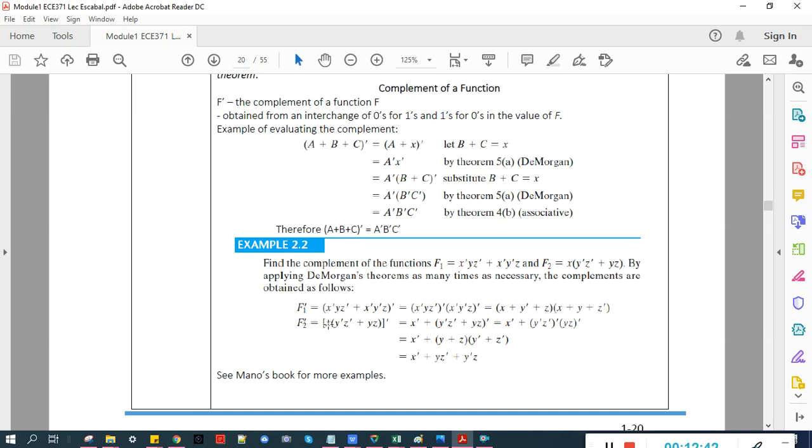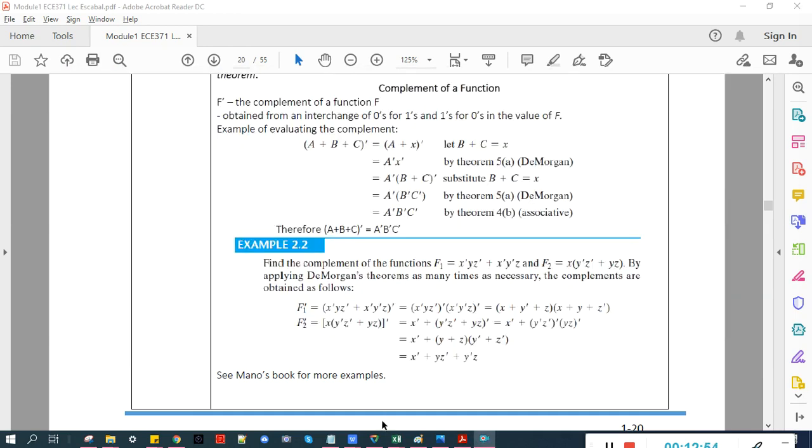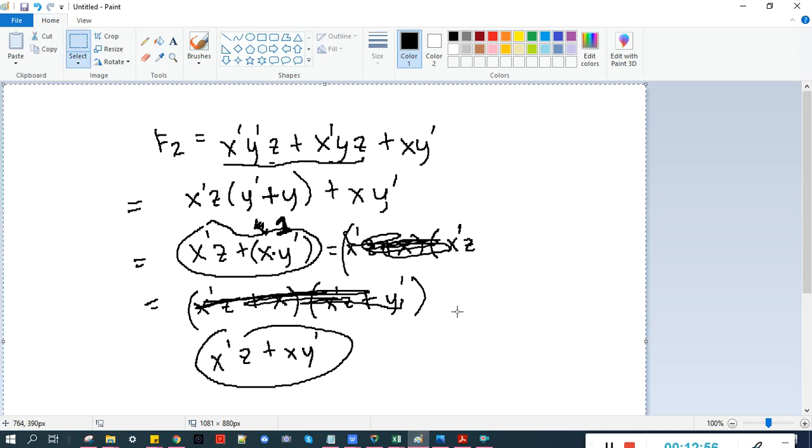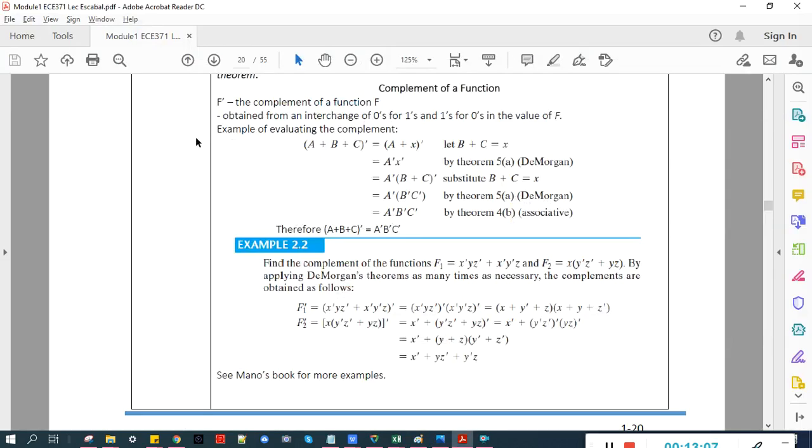For f2 prime, the complement of f2, again we apply De Morgan's theorem. Let me write it down so that it will be much easier. Let's solve it. f2 prime.